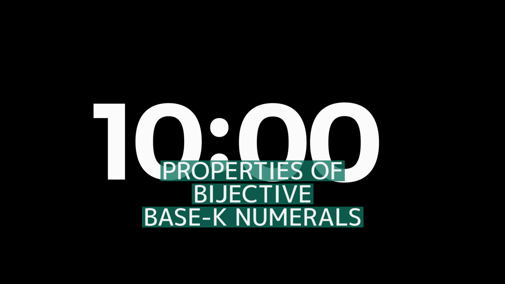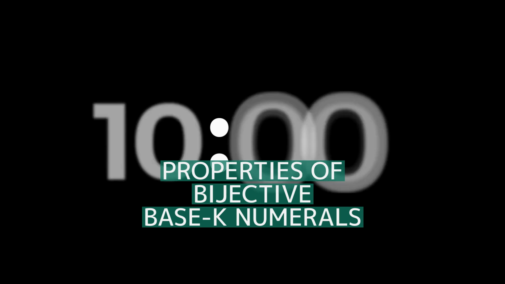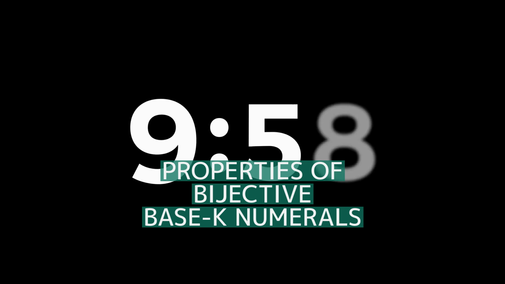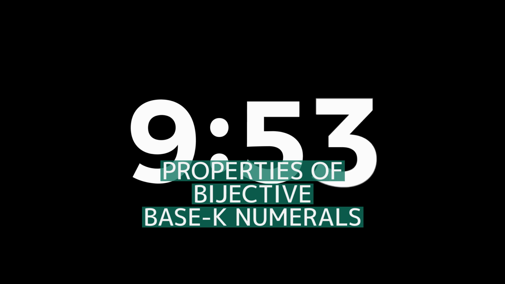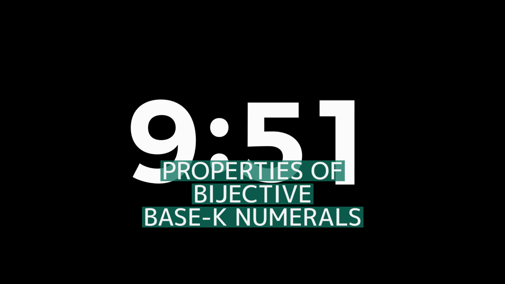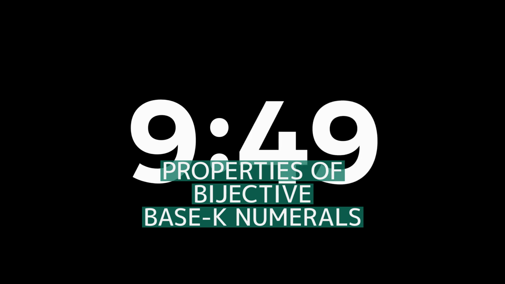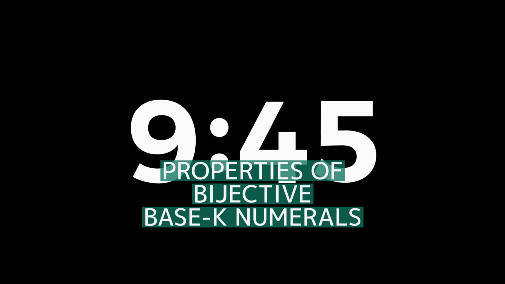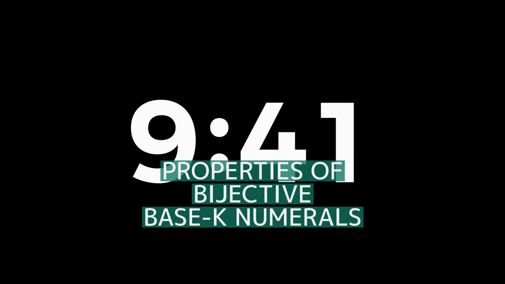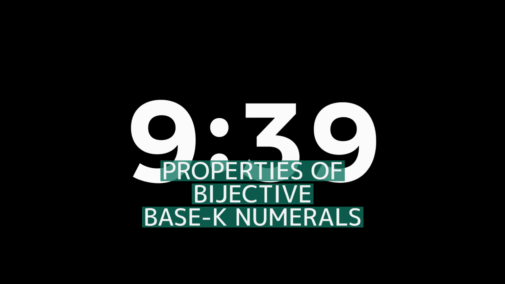Our focus now turns to properties of bijective base k numerals, an important aspect of our discussion. For a given base k greater than or equal to 2, the number of digits in the bijective base k numeral representing a non-negative integer n is the ceiling of log base k of n plus 1, in contrast to the floor of log plus 1 for ordinary base k numerals. If k equals 1, i.e. unary, then the number of digits is just n.